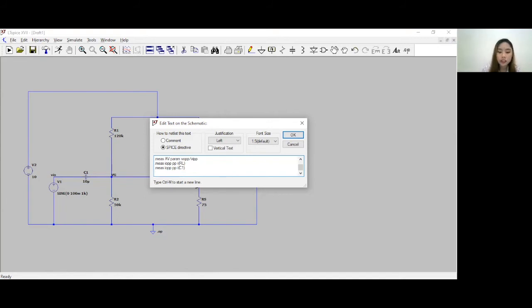And for the bandwidth, we are going to use these measurement commands or the .meas commands. .meas T1, find time when V(in) is equal to 0.5m, and then we will just copy paste it so it would be easier.